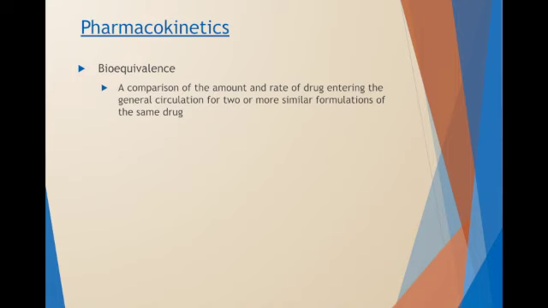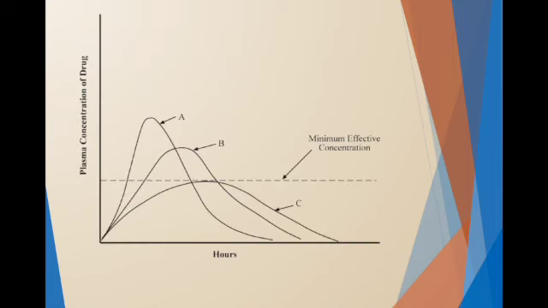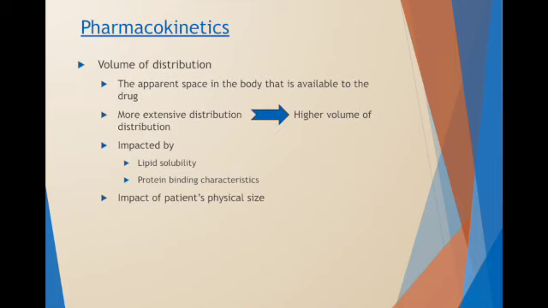Bioequivalence is a word that demonstrates that there are two or more similar formulations of the same drug that act very similarly. In this example here, you see varying plasma concentrations of a drug that over time is going to result in different lengths of action.